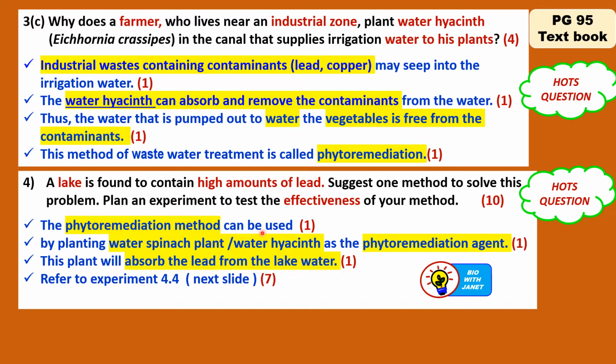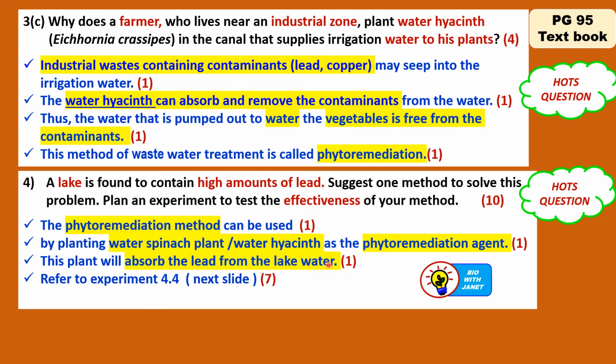Okay, so this method can be used by planting water spinach plant or even water hyacinth that can absorb a lot of lead as the phytoremediation agent. Okay, textbook uses water spinach plant, but I would say that water hyacinth plant is also suitable as it can effectively absorb the lead.